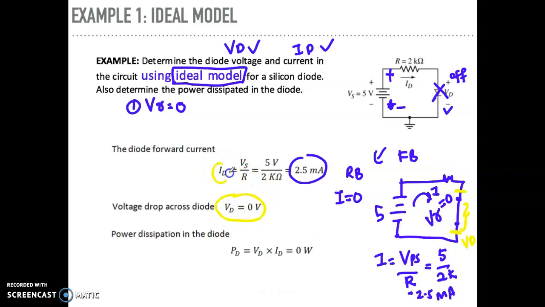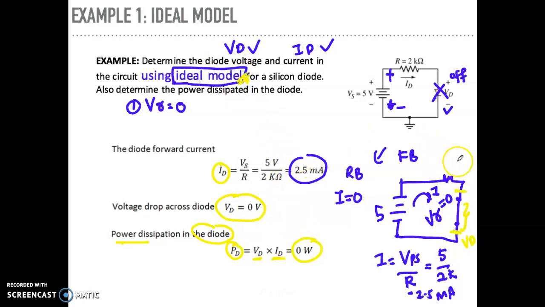Number 3 is the power dissipation inside the diode. Again, this is not the power dissipation of the whole circuit, it is only inside the diode. So you multiply VD by ID. So you will get 0 watt, 0 volt, and 2.5 milliampere for the ideal model.